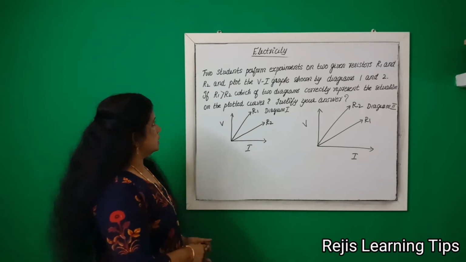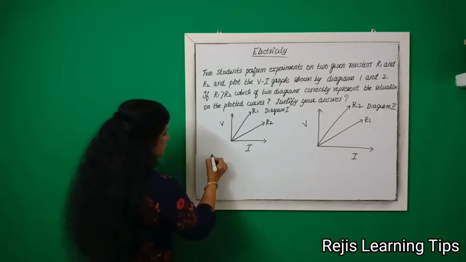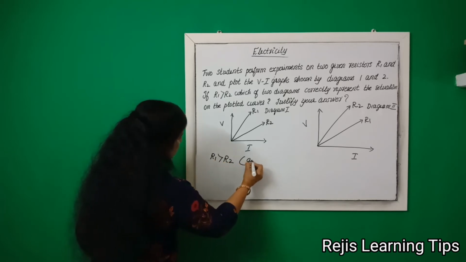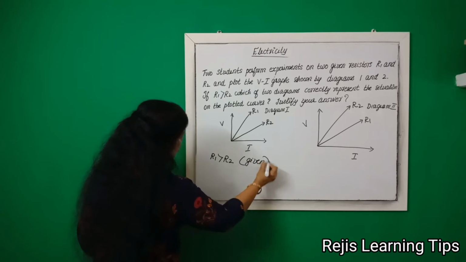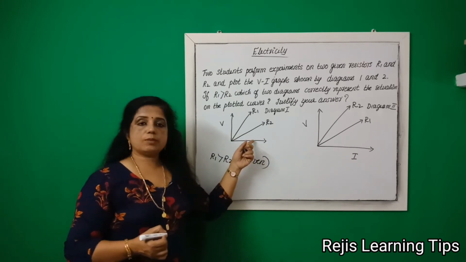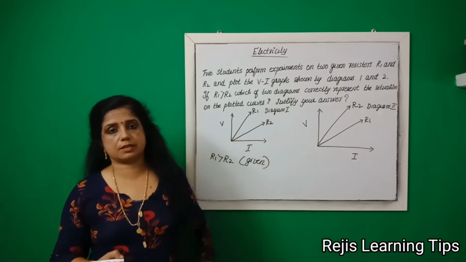Here R1 is greater than R2 is already given. From this graph, we will get the resistance of the resistor.